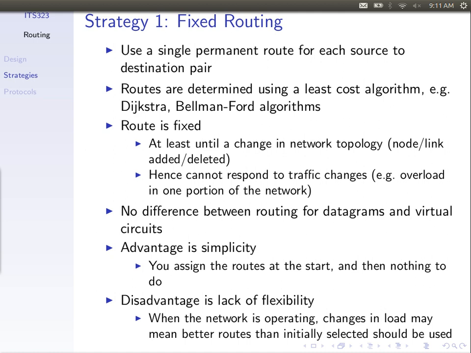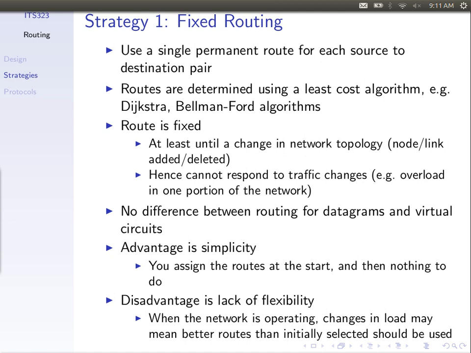But that may be on a weekly basis, not so often, not on a minute or even a second basis. We'll see the alternative, adaptive routing, strategy 3, automatically updates the paths on a regular basis, every minute or every several minutes, for example. Whereas fixed routing, the routes are fixed for some days, weeks normally.